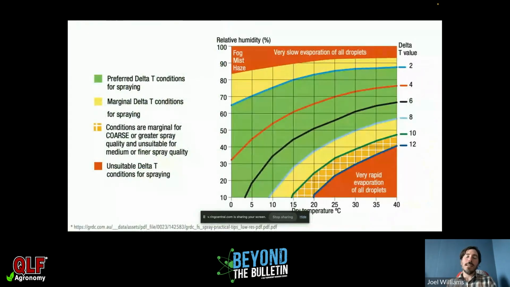But I would encourage everyone to have a quick Google of this if you're unsure. This is called delta T, where we are plotting humidity with temperature. All you need to do is look up your current temperature and your current humidity and plot those two things, and you can see if you are anywhere in this green band, then this is a good window for foliar application. So just Google image delta T, you'll find plenty of these examples.